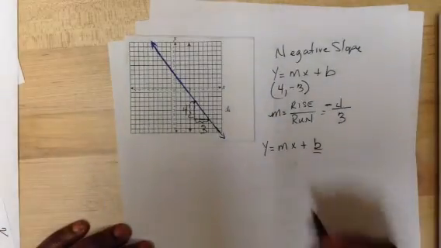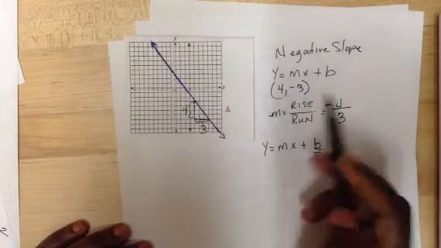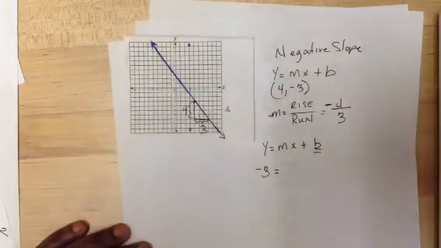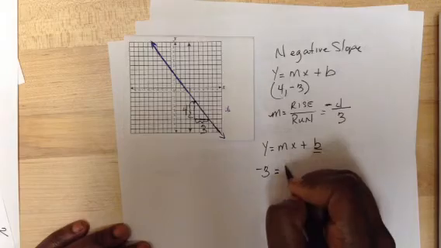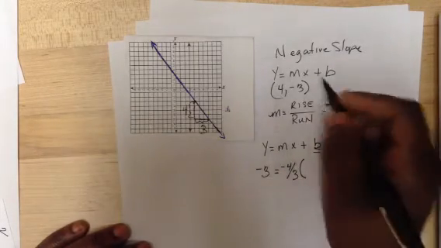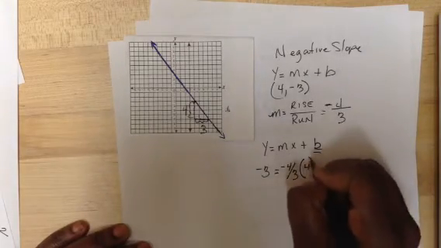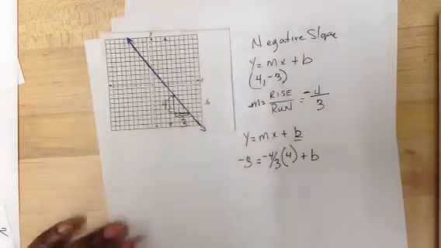I'm going to replace my x and y. So I have -3 is equal to what? My slope is -4/3 times my x value, 4, and my b, I still don't know yet.